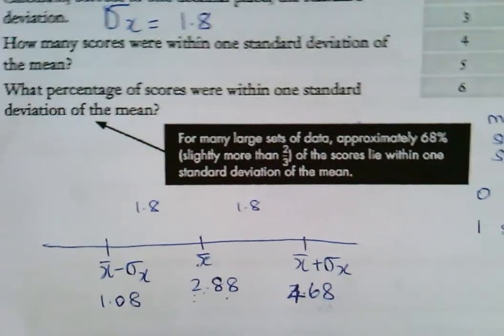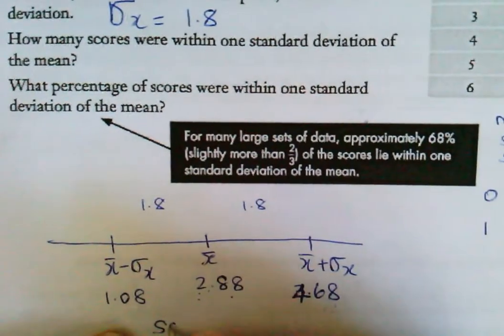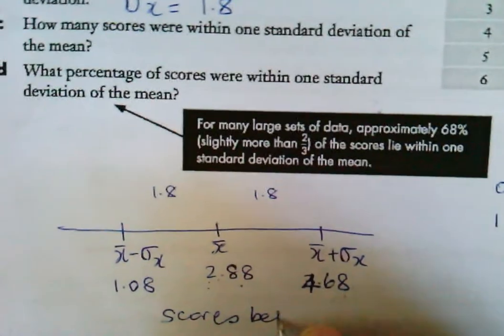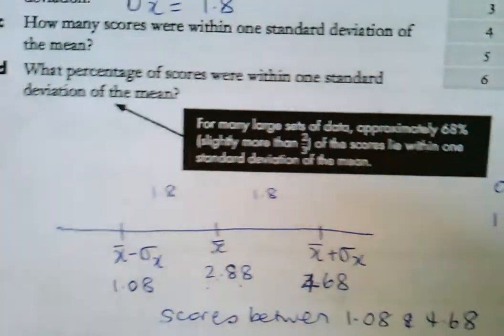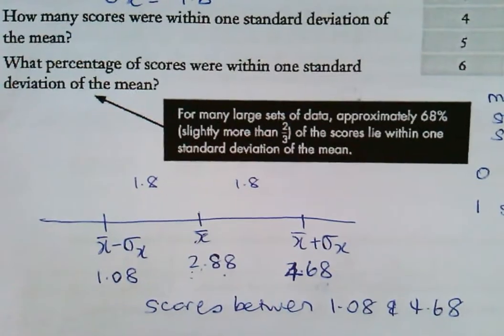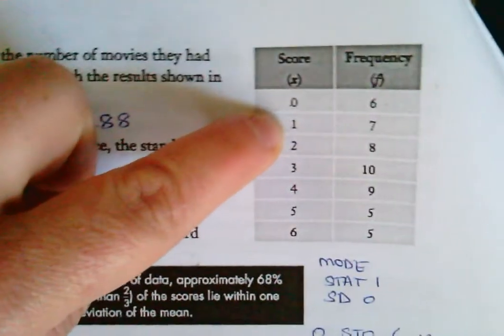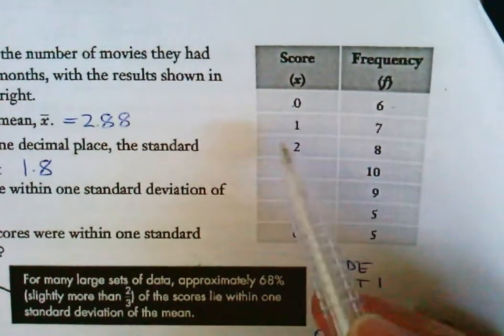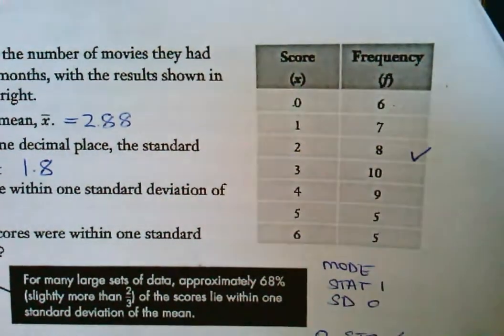How many scores are within 1 standard deviation of the mean? I'm basically looking for the scores between 1.08 and 4.68. Okay, let's look at the table. Is this bigger or smaller than 1.08, the score 1? It's smaller, I can't include it, but 2 is in the range.